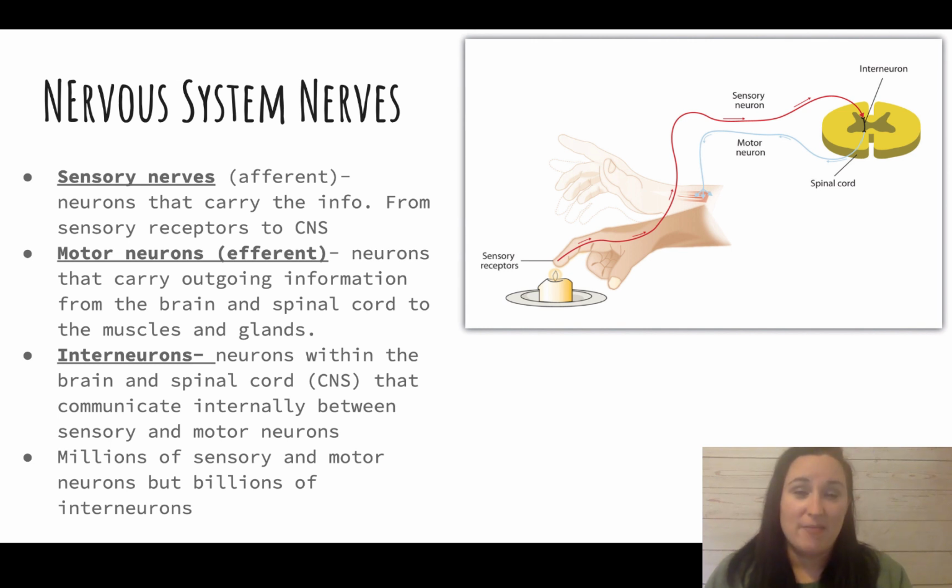And at that point, before it even gets to your brain, because it's more of a reflex, your interneurons in your spinal cord get that message, and they send the message back out to the motor neurons. And the motor neurons tell you to move your hand away.